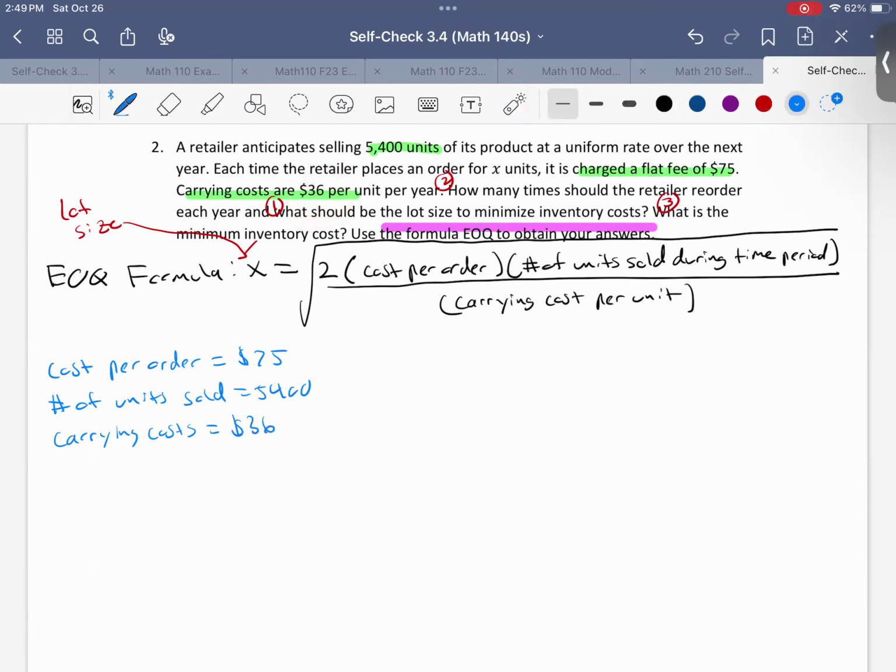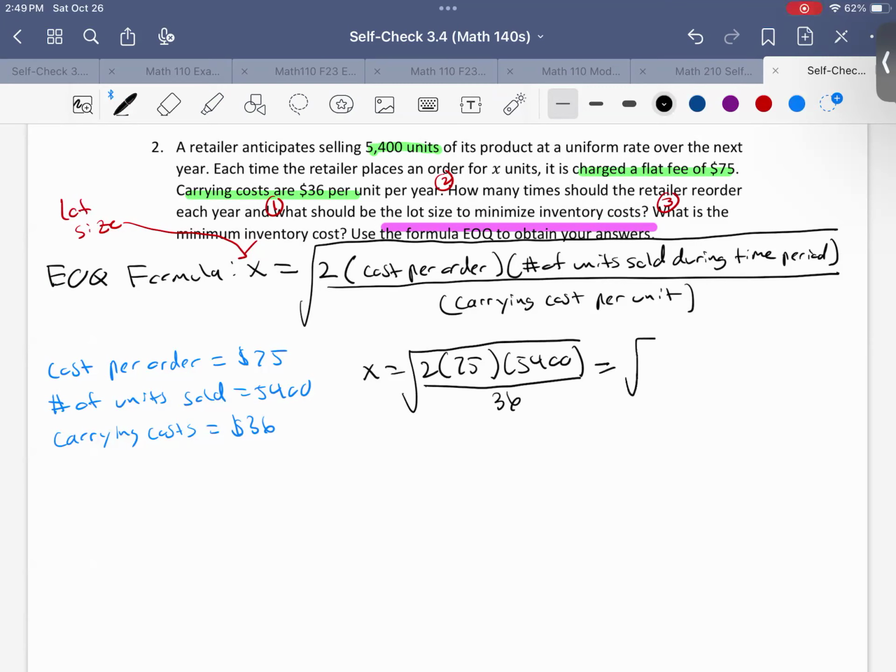Okay, so let's put all this into our EOQ formula. We'll have X equals 2 times cost per order, that's 75, and number of units sold, that's 5,400, all over carrying cost, and that is 36, and that's all under square root.